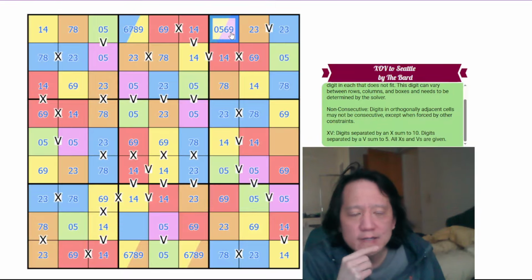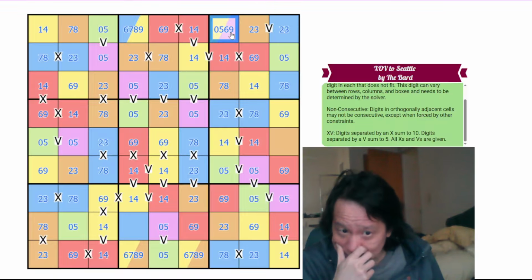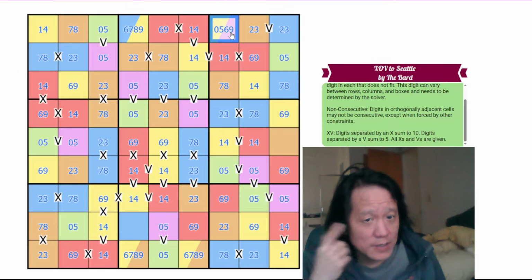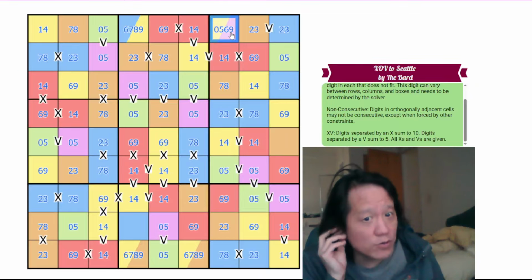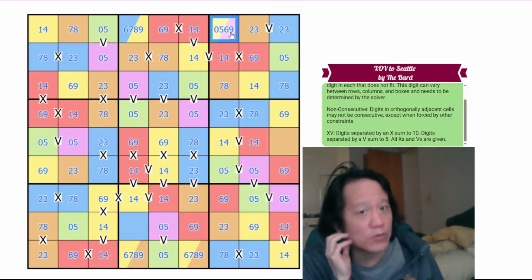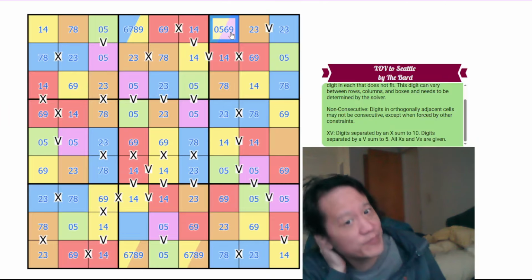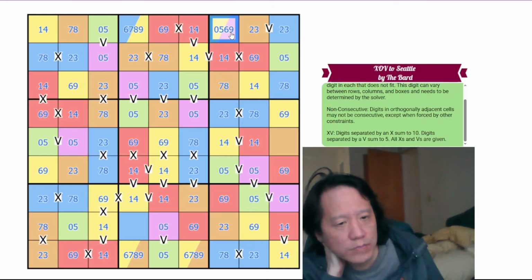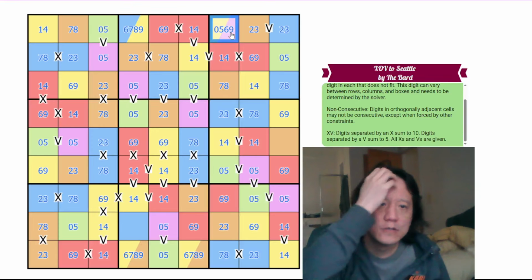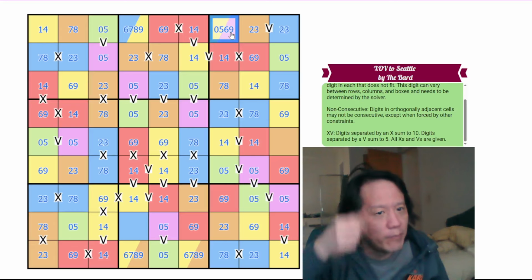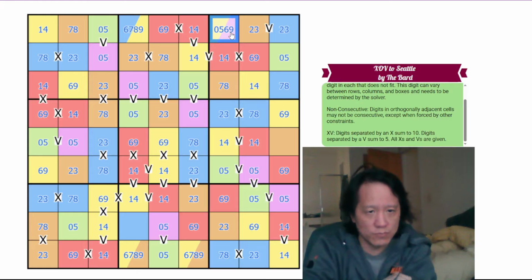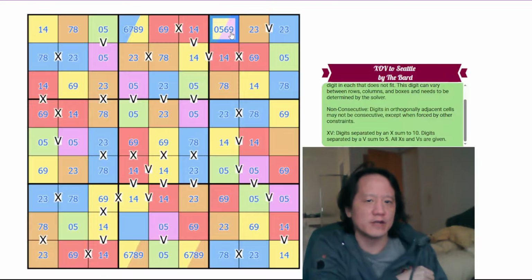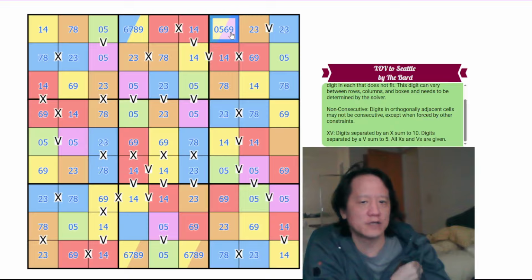No, never mind. Again, red and yellow are not consecutive. Yellow and blue are not consecutive, and red and orange are not consecutive. Red and pink are consecutive, and green and yellow aren't consecutive.